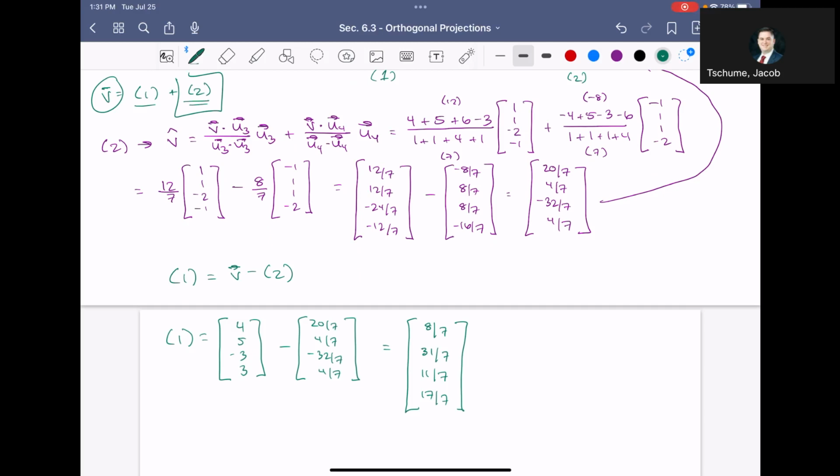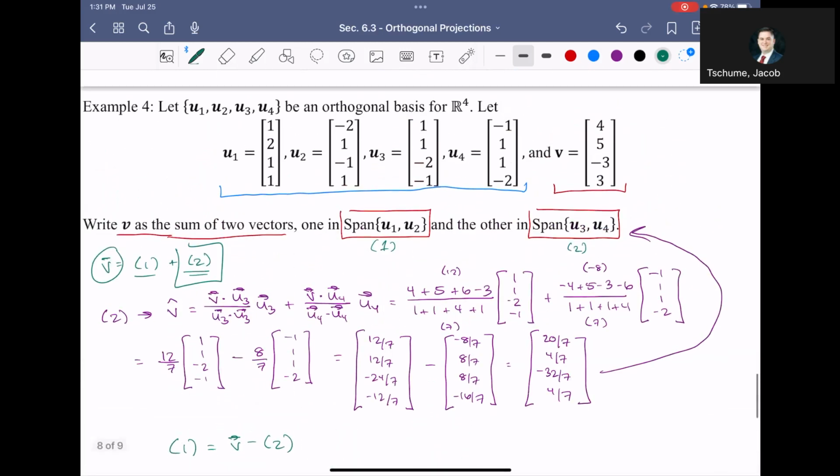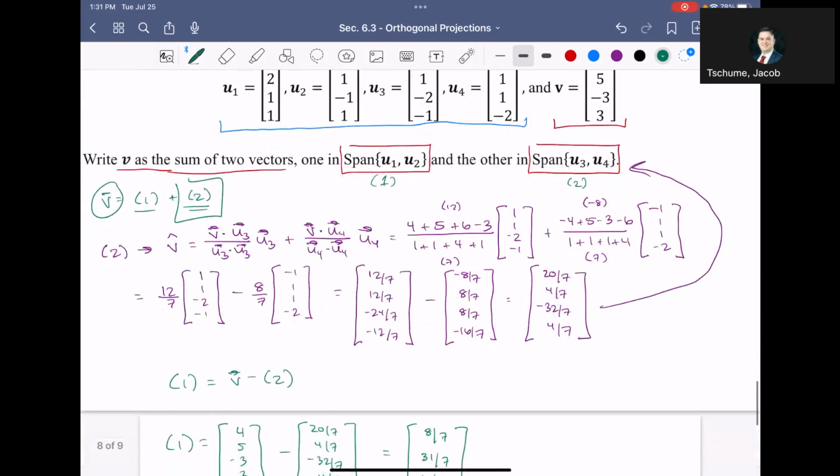Okay, all looks good. So that's my vector 1. And so now that I go back to the original problem, it says write V as the sum of 2 vectors.